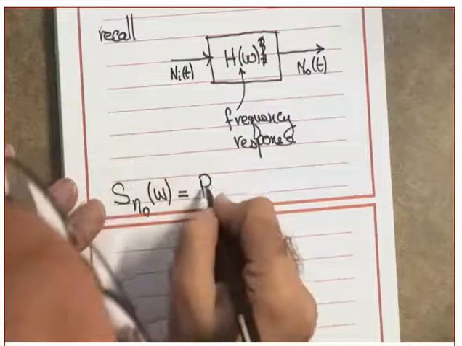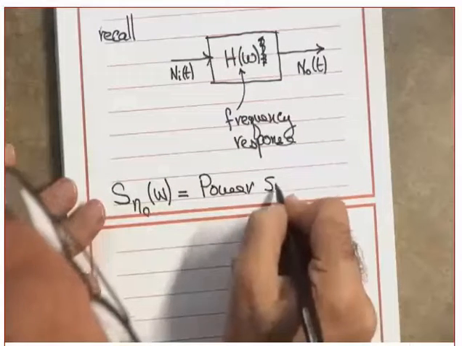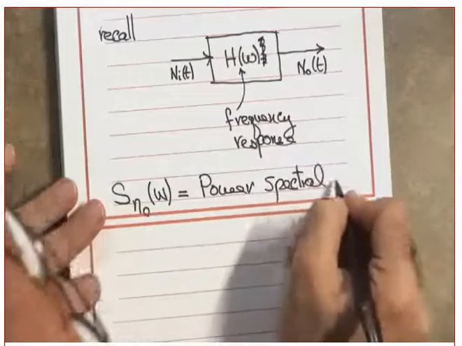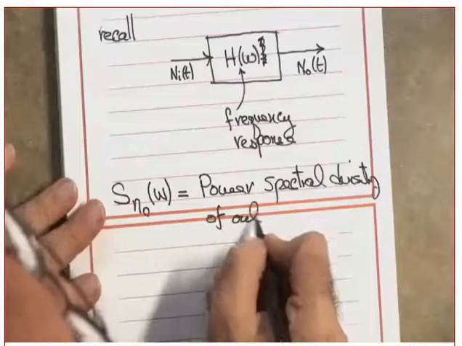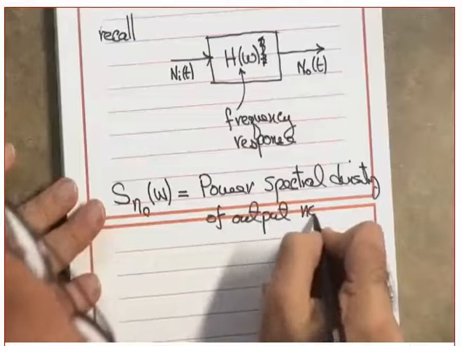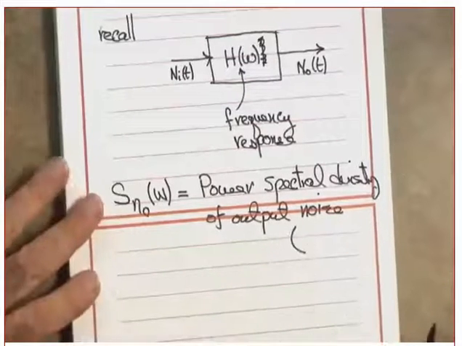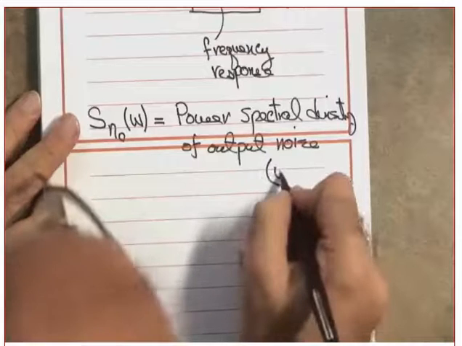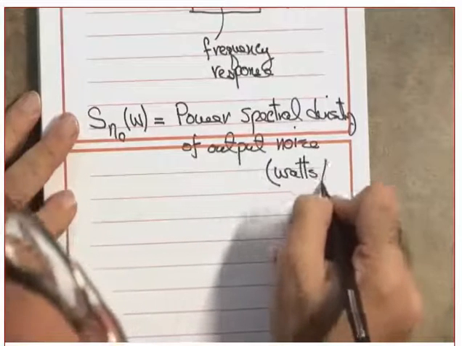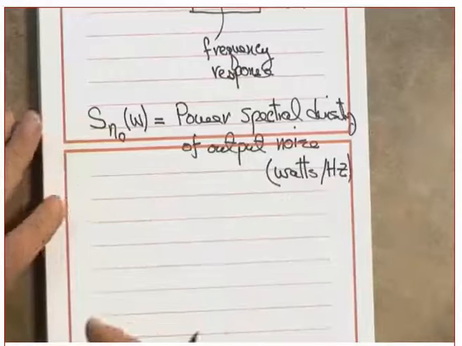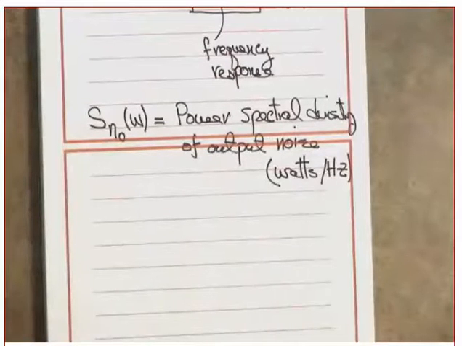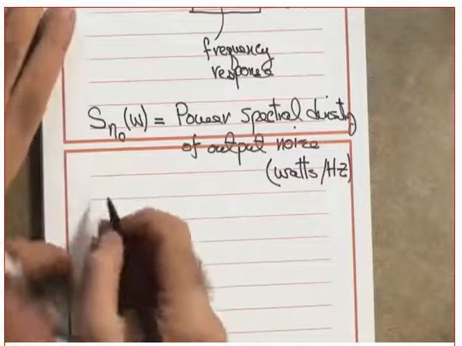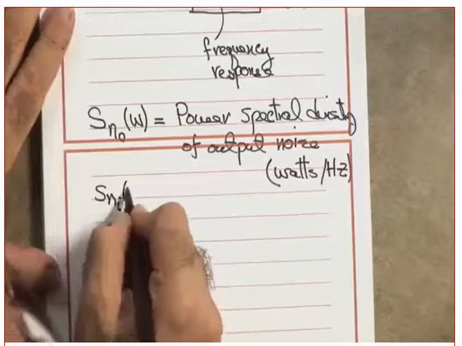It is the power spectral density of the output noise. Measured in watts per hertz, which is the same as joules, but nobody uses the word joules. They use watts per hertz. But keep in mind, watts per hertz is a measure of energy. Clear? Okay.